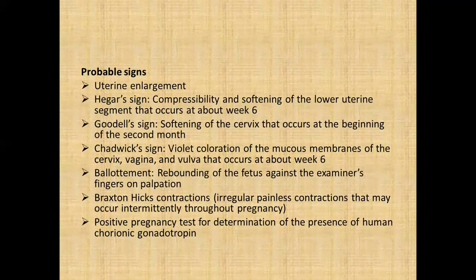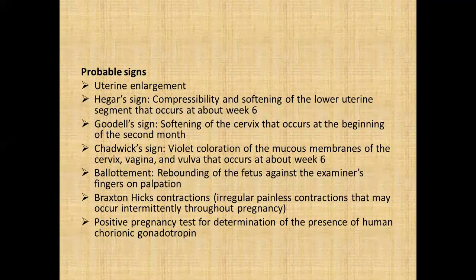Goodell's is softening of the cervix. And then Chadwick's is violet discoloration of the mucous membrane of the cervix, the vagina, and the vulva, which also occurs at around 6 weeks of gestation.